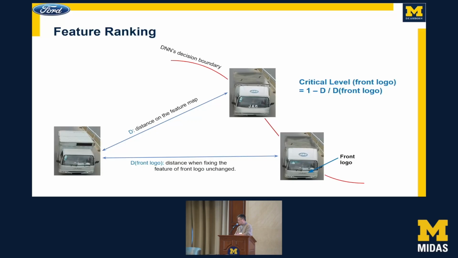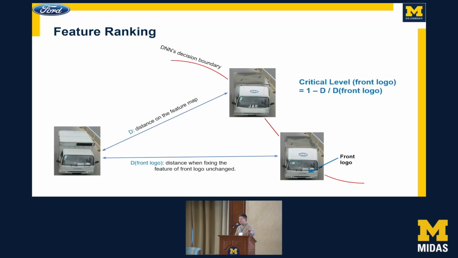This ratio divided by the front logo will be very small. So in this case, the ratio will be equal to 1, and the critical level is close to 0, which means this feature is not important.